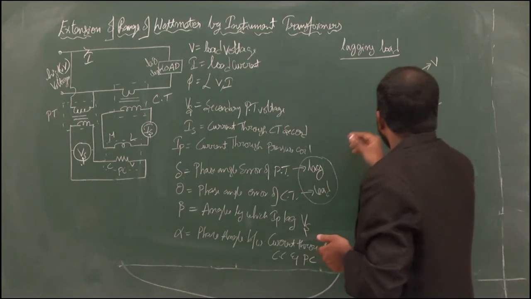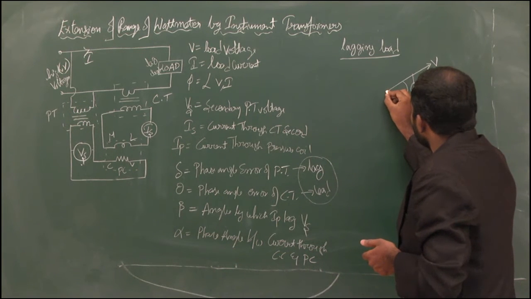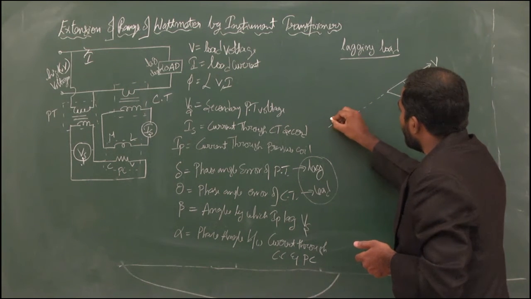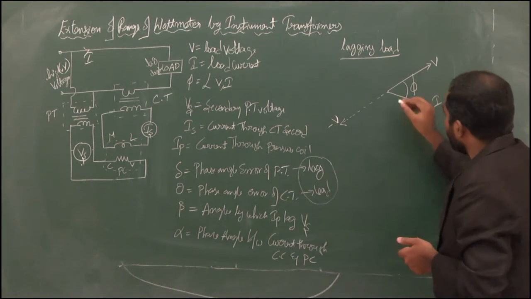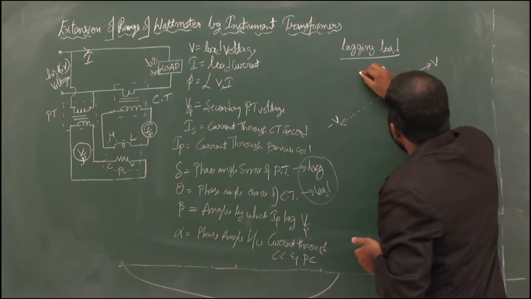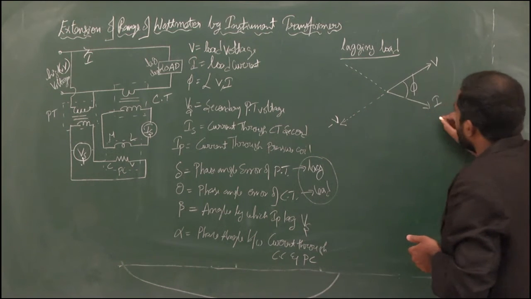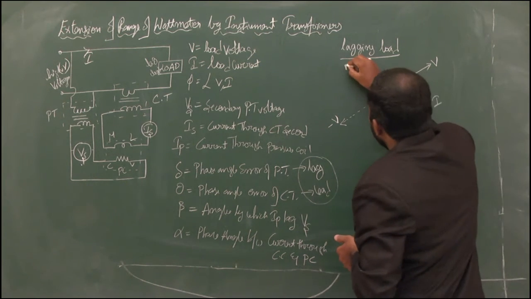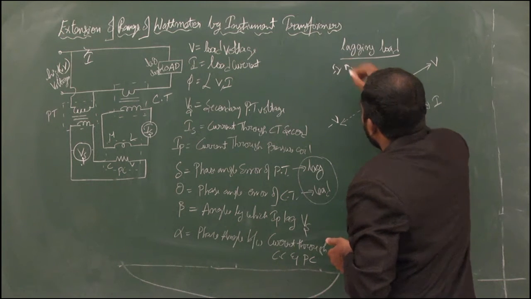The negative projection of this voltage is like this, which is minus V, and the negative projection of the current is like this. We are simply projecting the voltage vector and current vector into negative projections. So this is nothing but current.